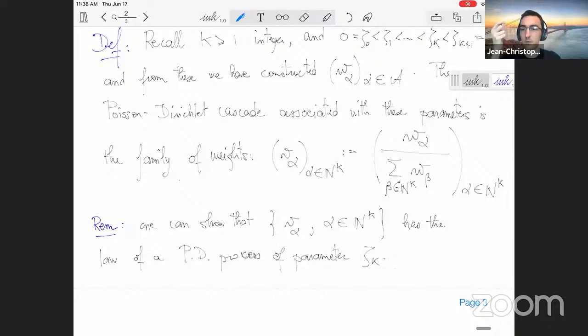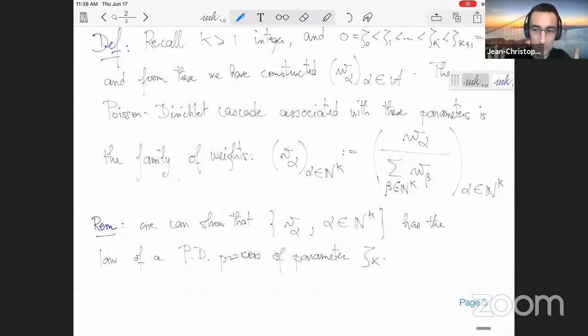And in fact, it's not very difficult to show, because at the last layer, we are just having lots of independent processes with parameters zeta k, which are multiplied by some weights. And it's not difficult to show that for any frozen, whatever the coefficients are doing above, this will result in a Poisson-Dirichlet process with parameters zeta k.